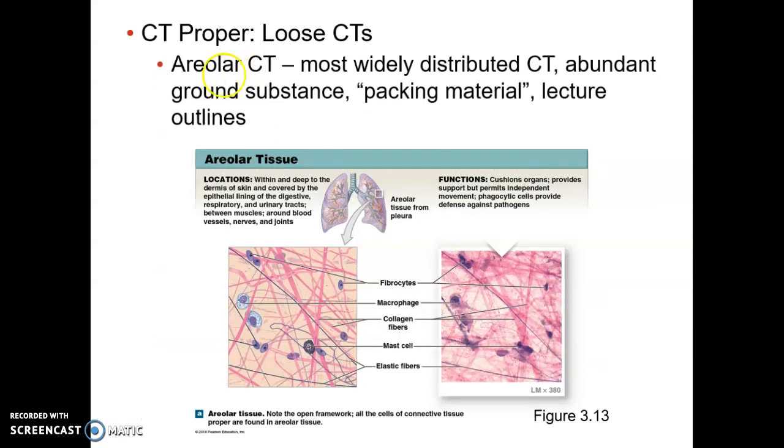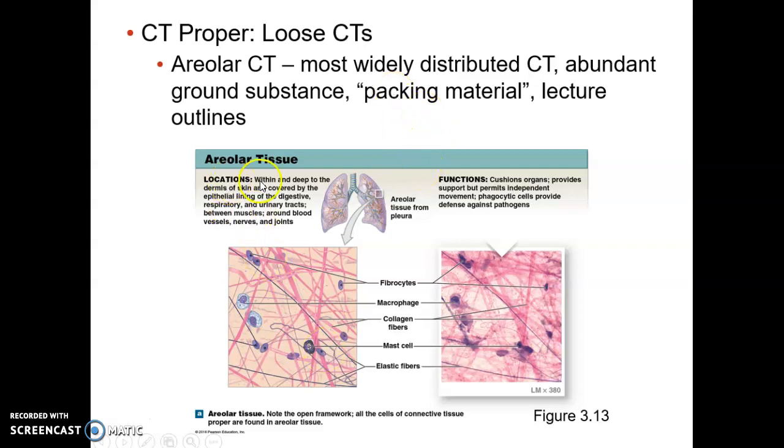Okay, so some of the connective tissue proper, loose ones first, the ones we've been talking about primarily, areolar connective tissue. Most widely distributed connective tissue, it has a high amount of ground substance, and it's a packing material found in places in the body where there would otherwise be open spaces.